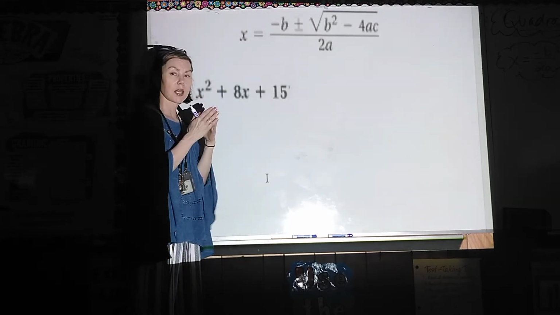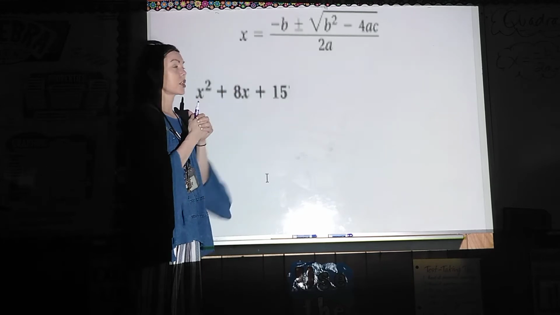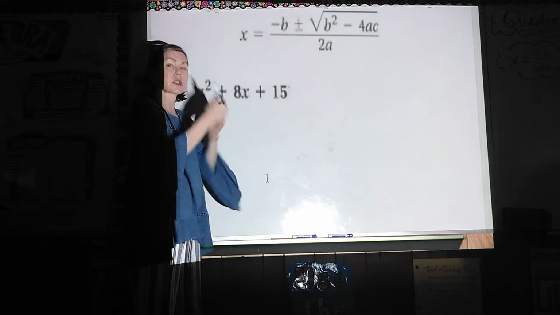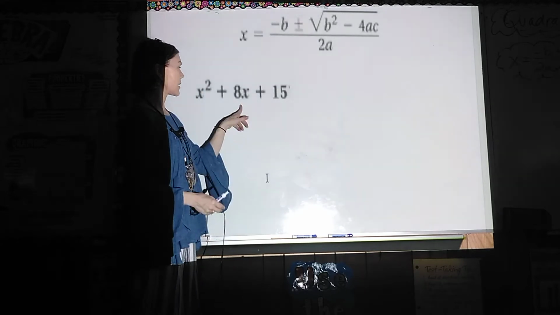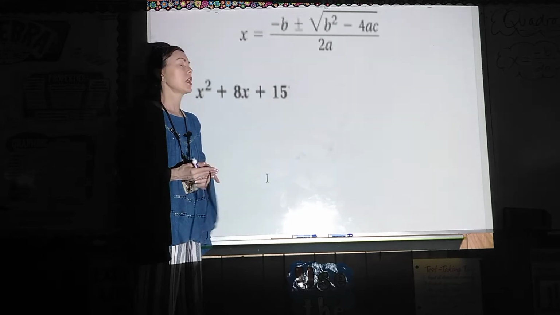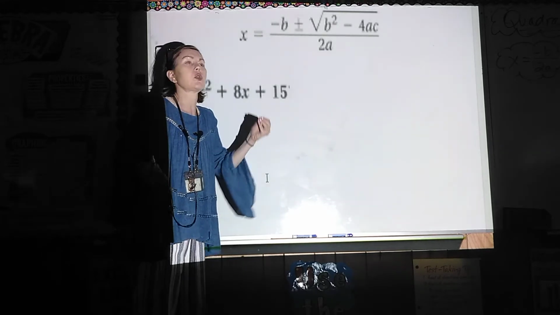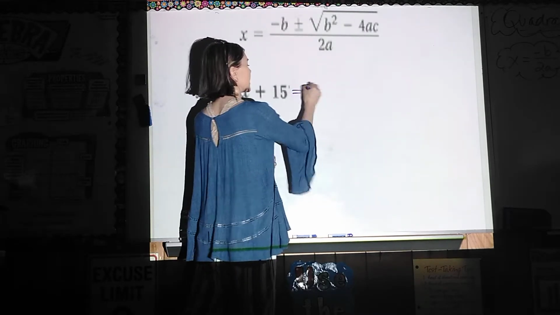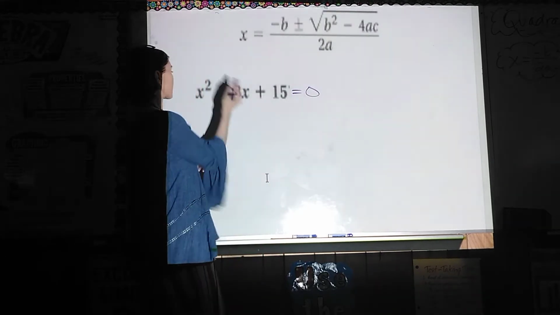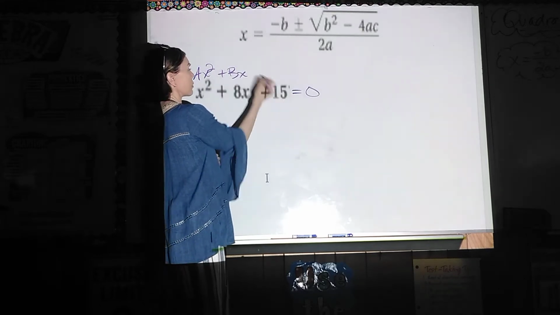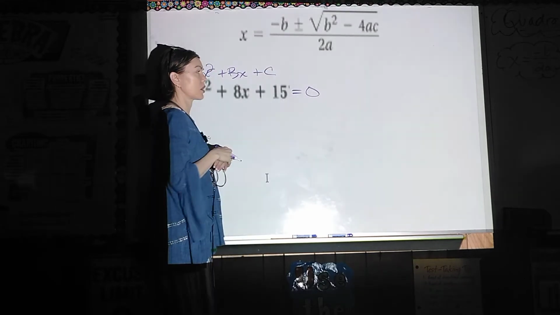We're using the same quadratic, and we're using the quadratic formula now to find the solutions. Does this touch the x-axis one time, twice, or not at all? So when we're finding the solutions, we have to, number one, as I said, set it equal to 0. And let's remember, this is our A, this is our B term, and this is our C term.